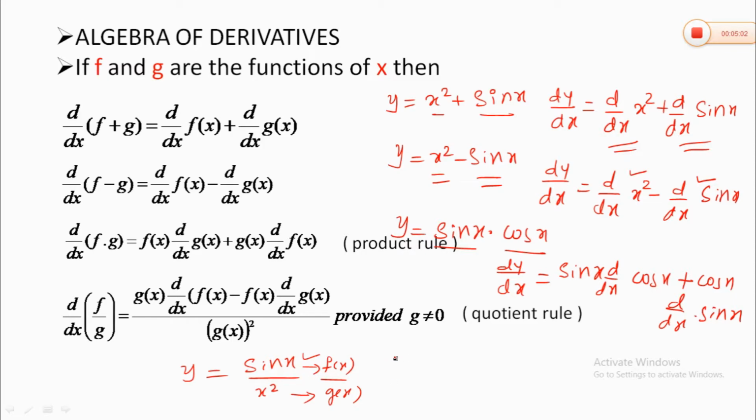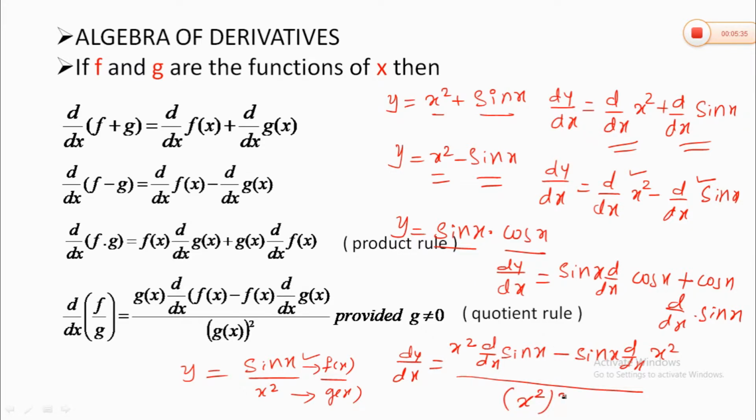So therefore derivative of this one, that is dy upon dx, is given by g(x), that is x square, d by dx of f(x), that is sin x, minus f(x), sin x, dy dx of g(x), that is x square, this whole divided by x square, this bracket square.